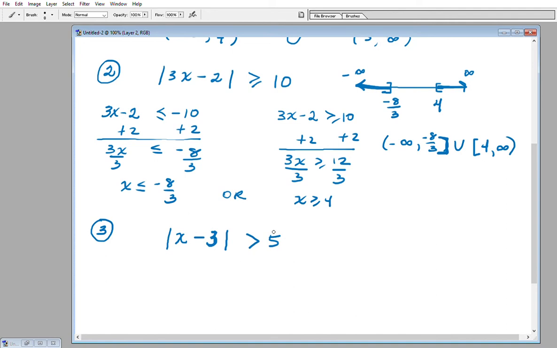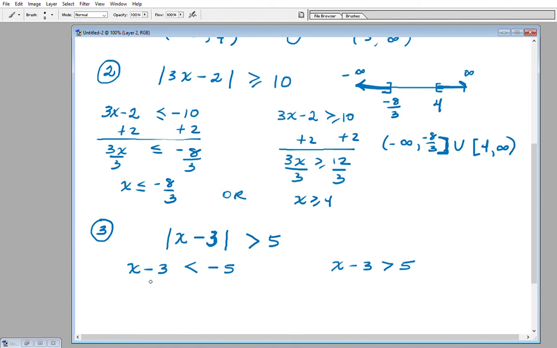This is going to be to the right of 5 and to the left of minus 5. I'll do the left first. This is the left. It's going to be less than minus 5. And then the right side.